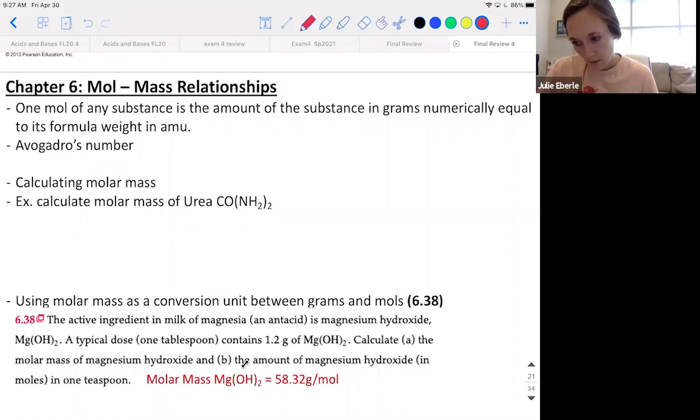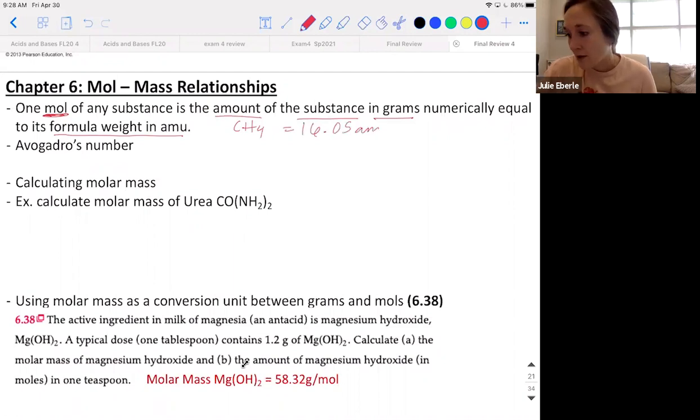So we say 1 mole of any substance is the amount of the substance in grams that's numerically equal to its formula weight in AMUs. A formula weight in AMUs is just how much one individual molecule weighs in atomic mass units. For example, CH4 would be how many AMUs? 12.011 plus 4, so it'd be around 16.05.